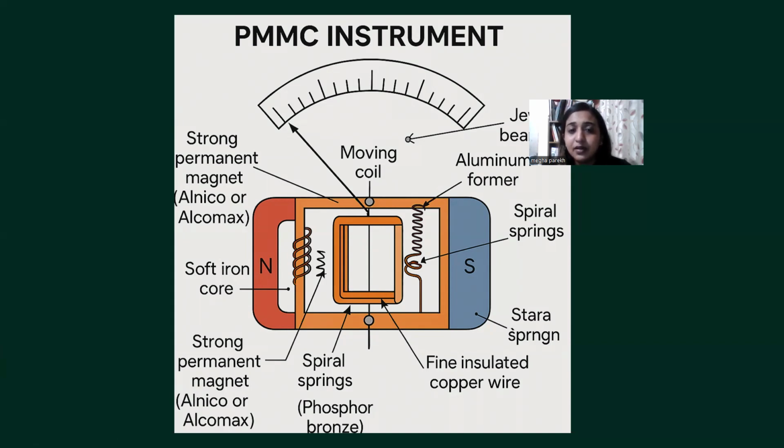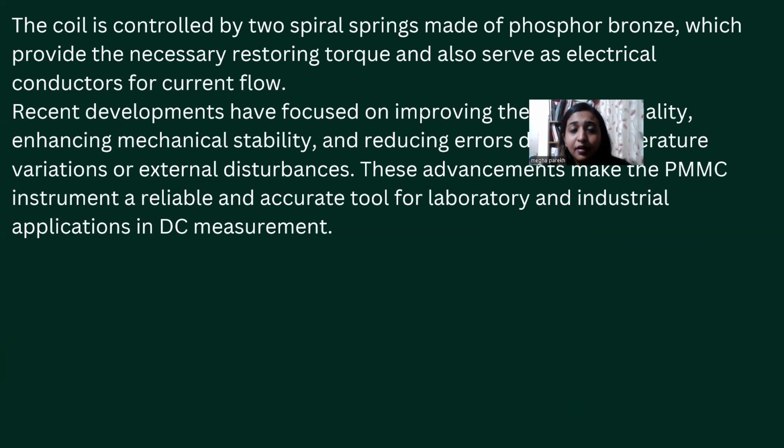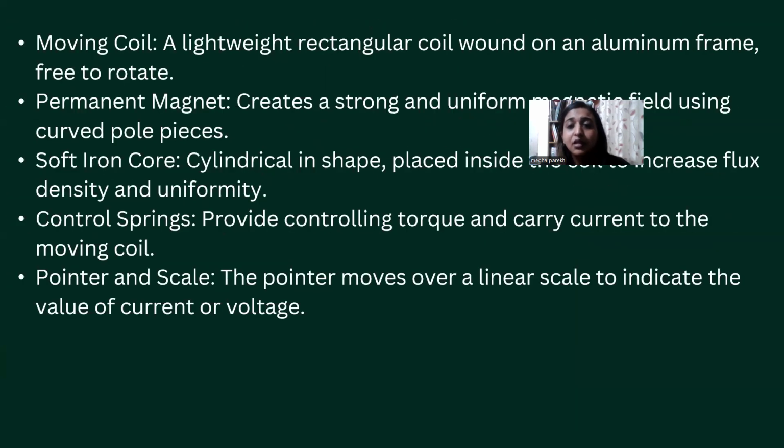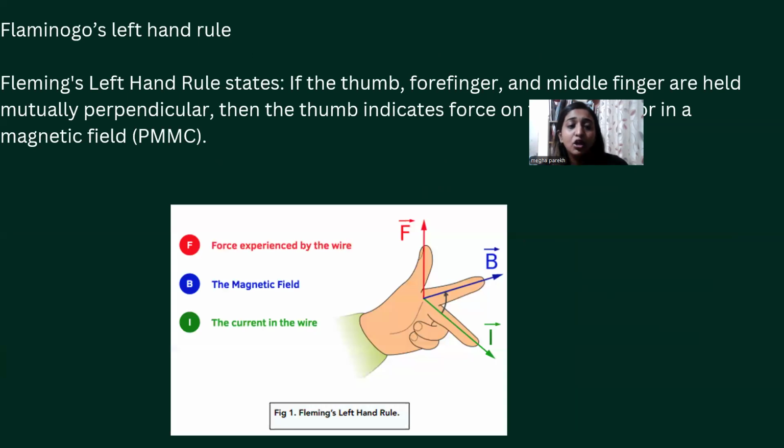Also we have seen high coercive material, and also we have learned some basics like torque, Fleming's left hand rule, and for more applications we have seen for ammeter and voltmeter how shunt and series resistors can be used.